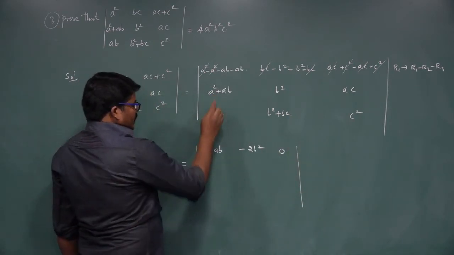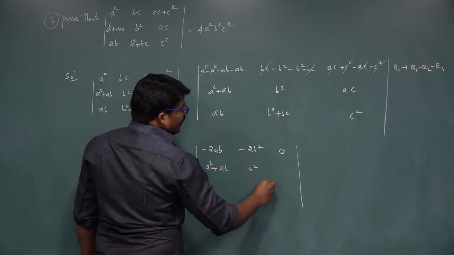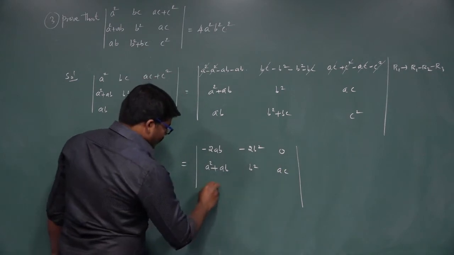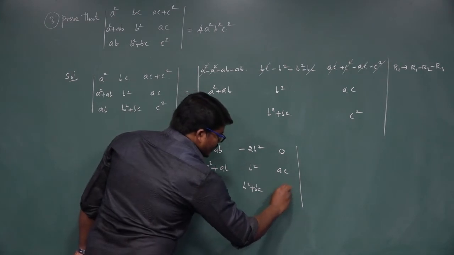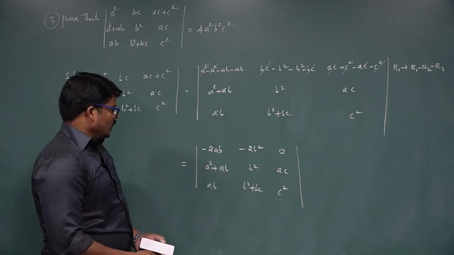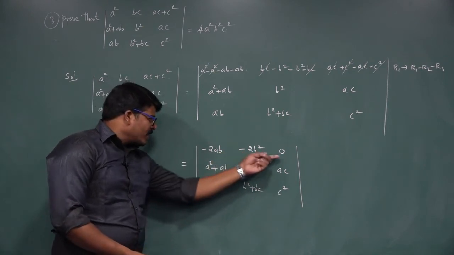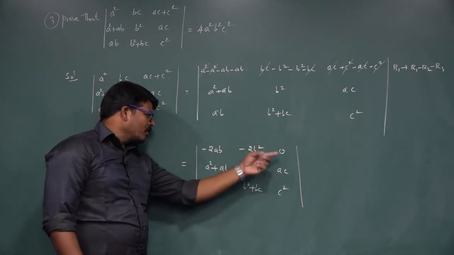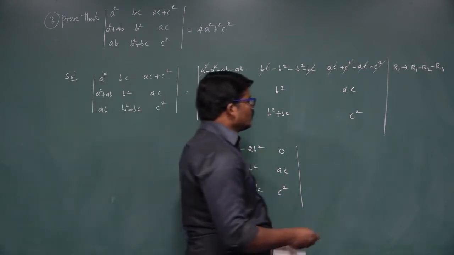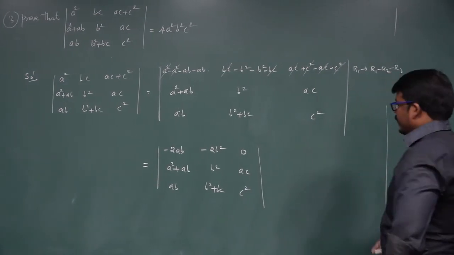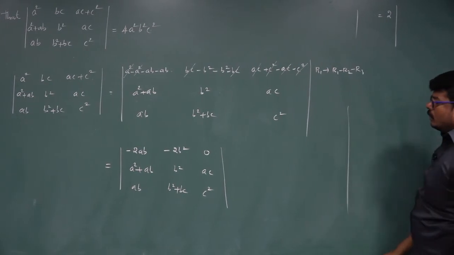And the second row as it is, A square plus AB, B square, AC. Third row as it is, AB, B square plus BC and C square. Now first row minus 2AB, minus 2B square, 0. Taking common value 2 outside, 2 times half, 2 common.